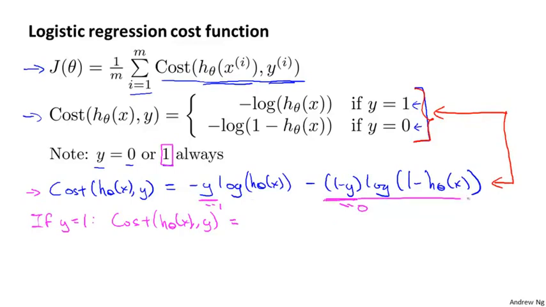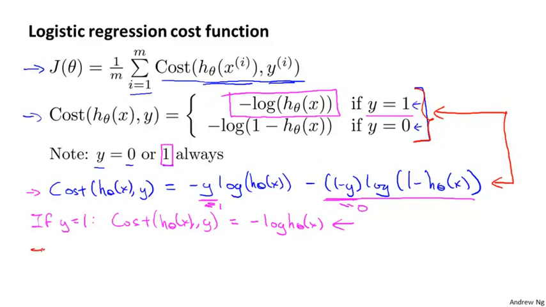So the second term gets multiplied by 0 and goes away. We're left with only the first term, minus y times log h of x. y is 1, so that's equal to minus log h of x. And this is exactly what we have up here for y equal to 1.